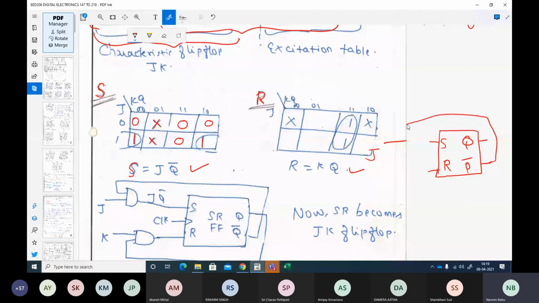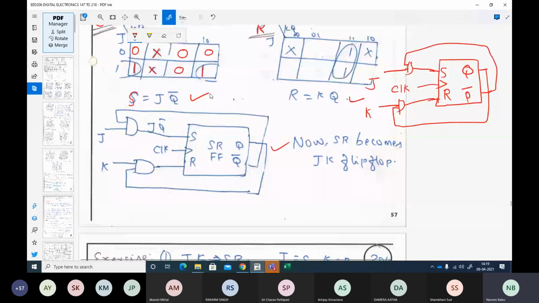So it is Q bar and J, ANDed, that will be fed to the SR flip-flop. And what is the input of R? K dot Q. So K is my input and Q is my output from the JK, and the AND of that will go to the SR flip-flop. And obviously, since this is a flip-flop, I should not forget the clock. Okay, so your circuit diagram is done.